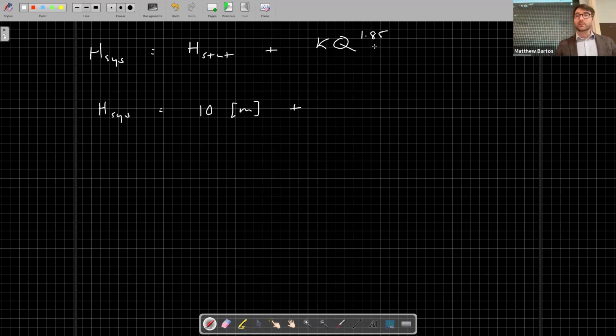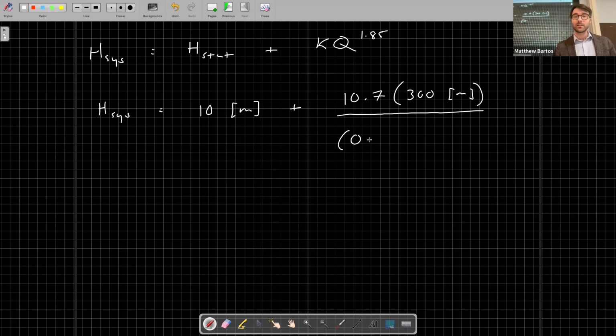To that, we add our expression for the head losses, which will be 10.7 times the length of the pipe, 300 meters, divided by the diameter to the 4.87 power. So that's 0.4 meters to the 4.87 power, divided by the Hazen-Williams coefficient, which is 100 to the 1.85 power, all times the discharge to the 1.85 power.